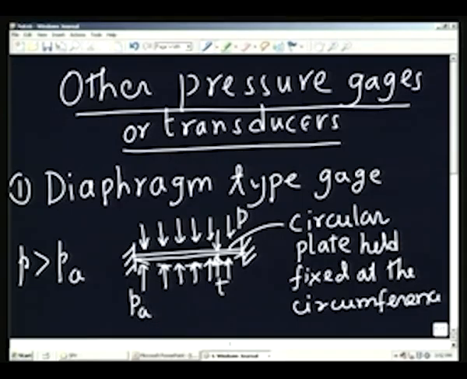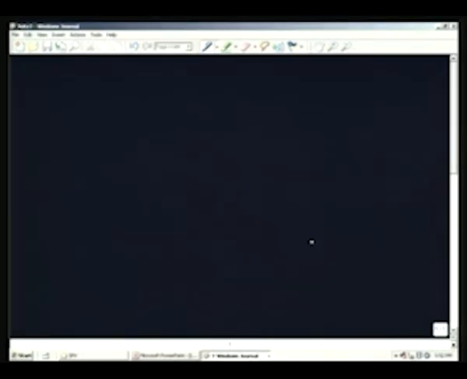So, there is a displacement y at the center or any other place. I am just taking the center. To make the figure more clear, let me just indicate it here.